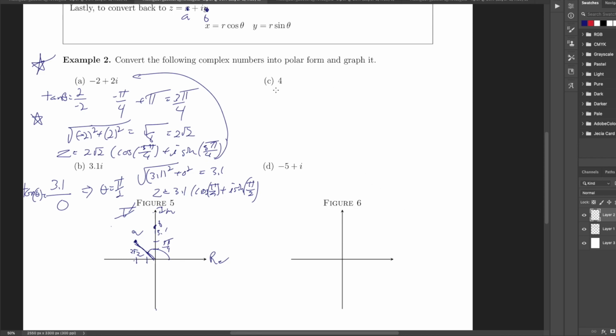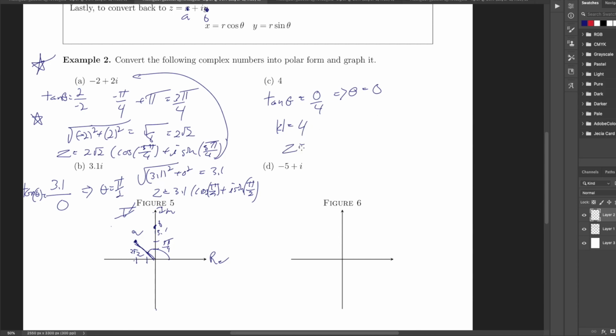Let's do the 4. So here, tangent of theta is equal to 0 over 4. And so that implies that theta is equal to 0. Okay, so we have 0. Does that match what we want? Yep. And so the square root of 4 squared, so this is the modulus, the absolute value of z, is still 4.